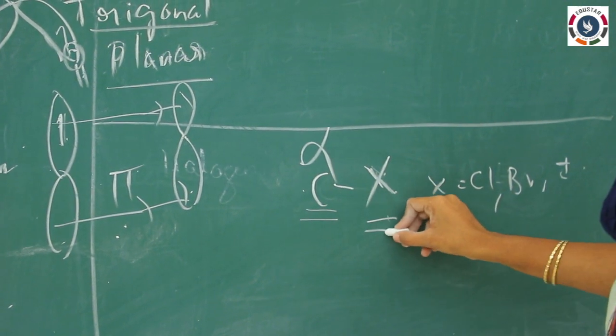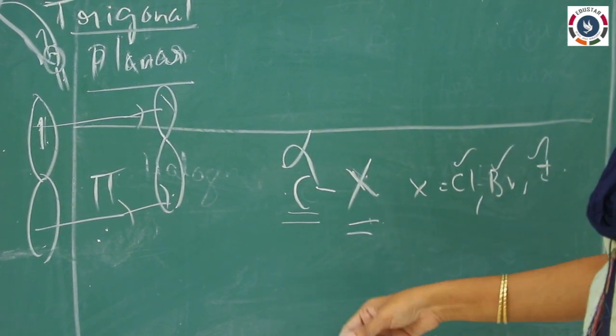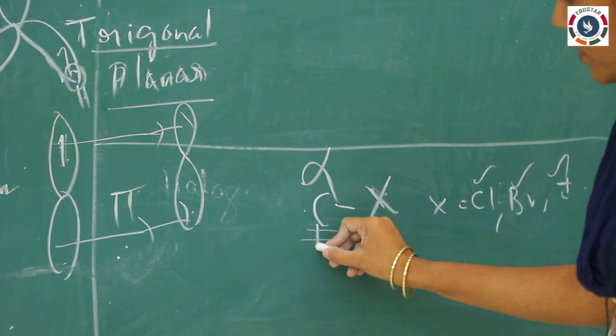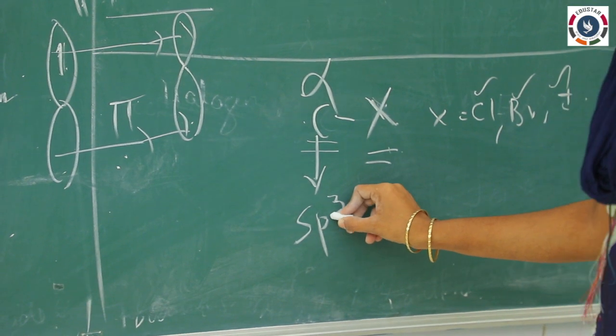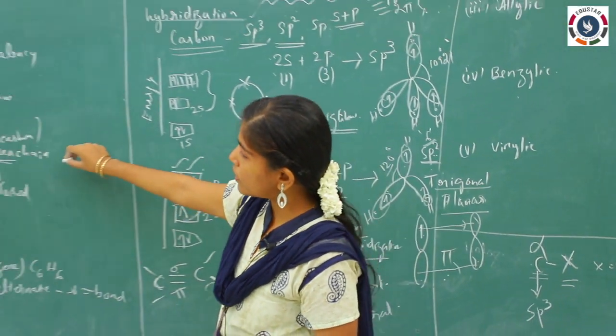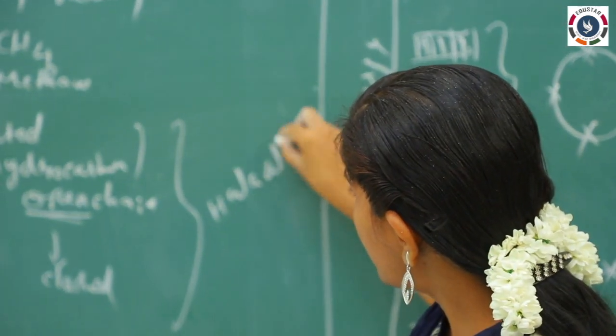Here the substituent is actually chlorine, bromine or iodine. So, it will be called either haloalkanes or haloarenes. If this carbon atom is SP3 hybridized, then they fall into the category of haloalkanes.